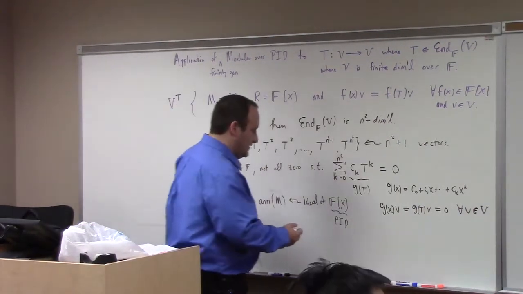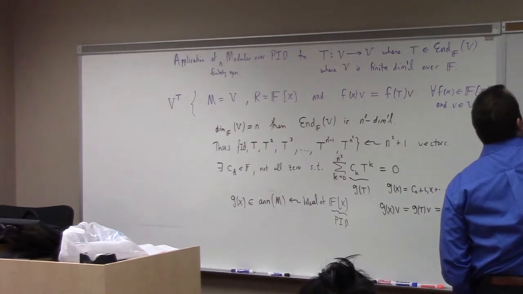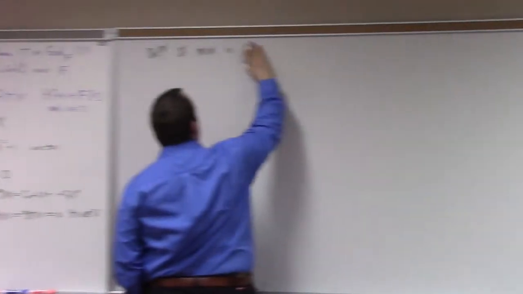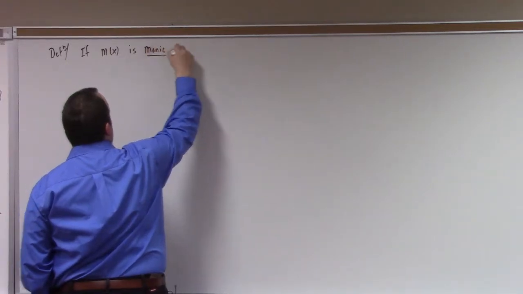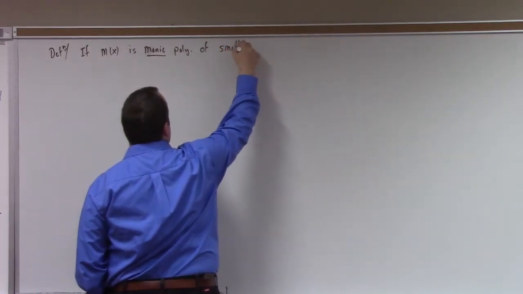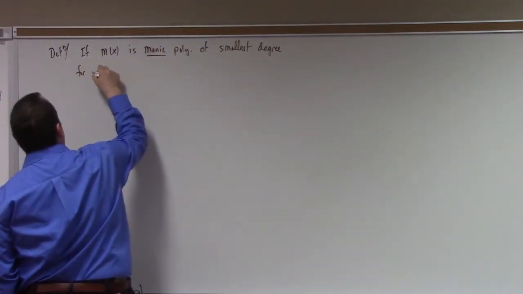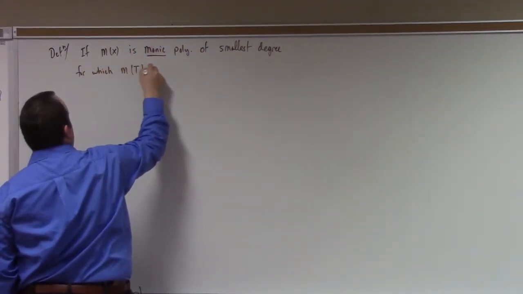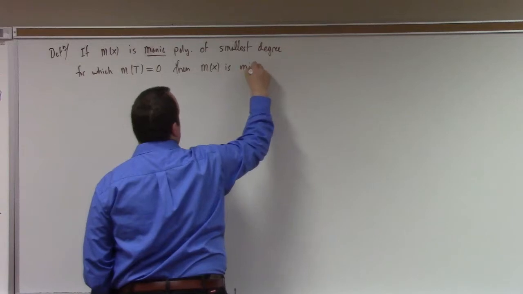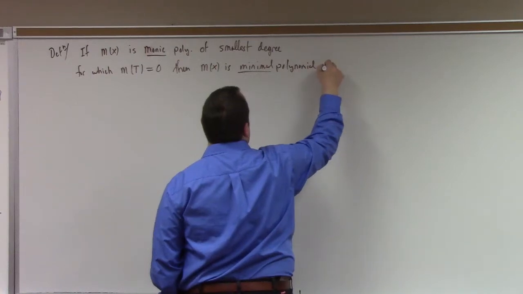So, in fact, by definition, if M of x is the monic polynomial of smallest degree for which M of t equals 0, then M of x is the minimal polynomial for t.